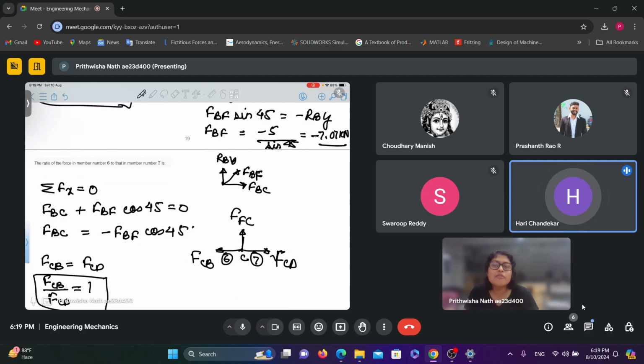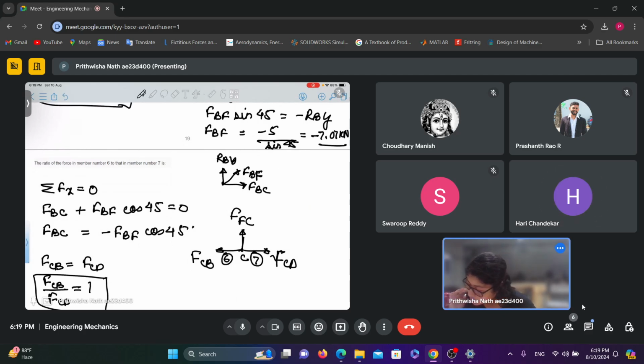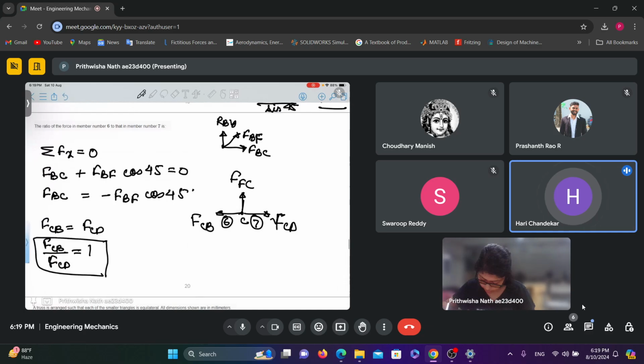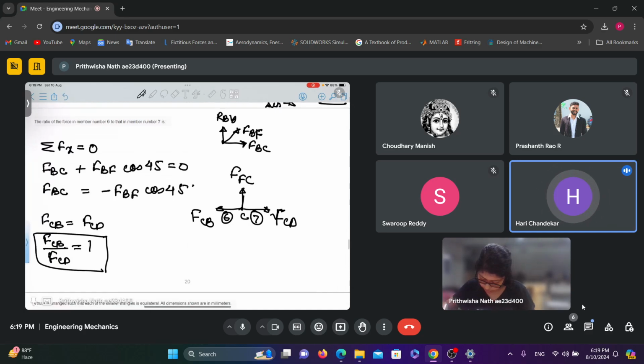Looking at this diagram, these are the reactions at the pin, so what acts on the member is equal and opposite. Can you repeat the question once? That this member 6 and member 7. I was just wondering, I think one member would be in tension and the other one would be in compression, right?